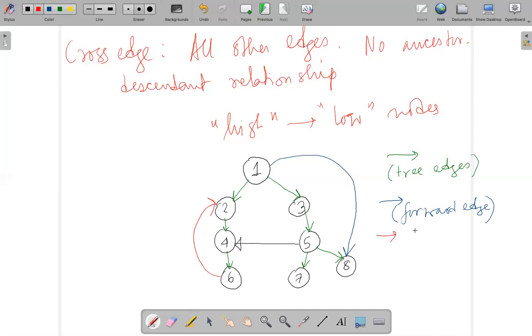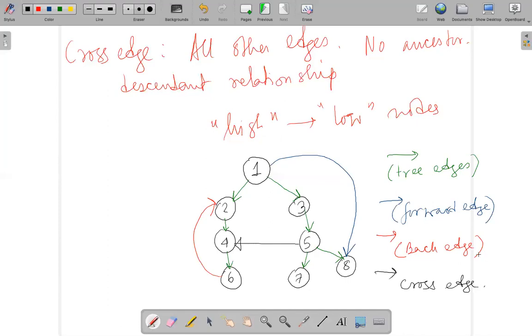The red edge is a back edge. It's again a non-tree edge and it has a high to low connection. And finally, the black colored edge is the cross edge. It has no ancestor descendant relationship.